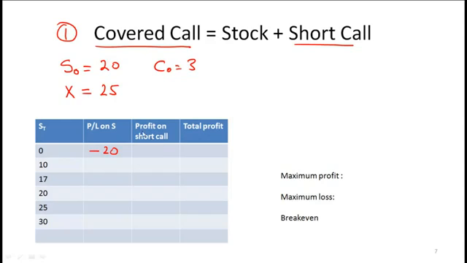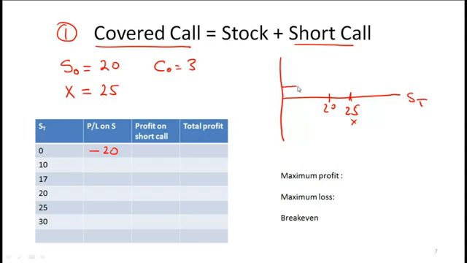What about the profit or the loss on the short call? I'm going to draw this out while we are talking. These are now our profit diagrams. This is ST, this is 25, which is our strike price, and this is 20, which is how much we initially bought the stock for. If the option premium is 3, the profit on the short call will be something like this.